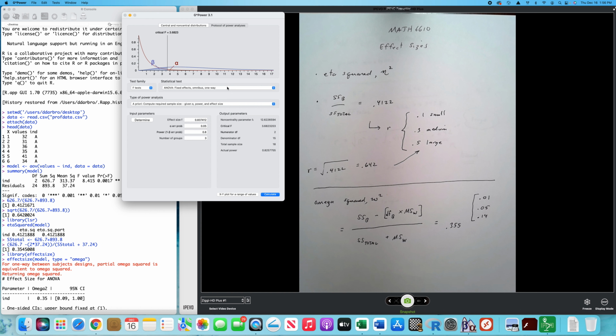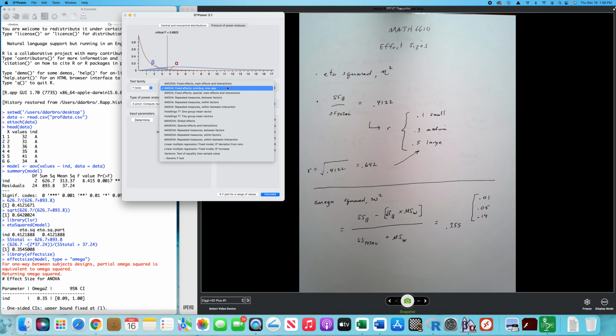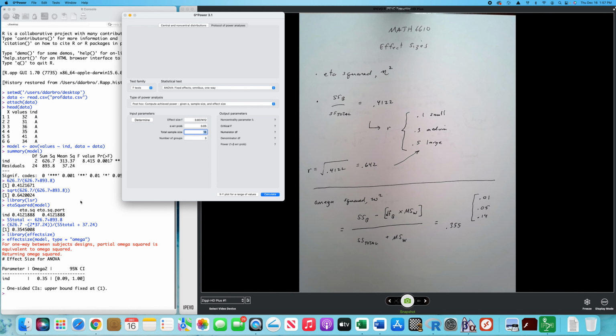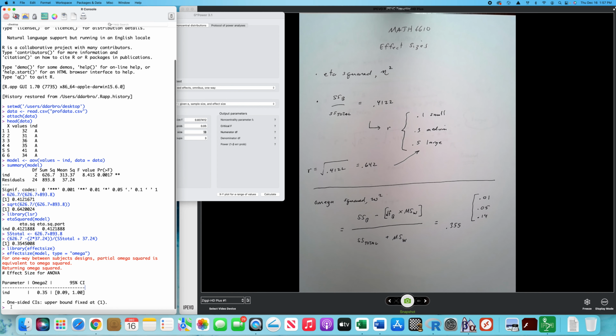We can actually run the omnibus, but do a post hoc and see the power that we actually achieved. So our sample size was, again, I think 27. Let me double check that.